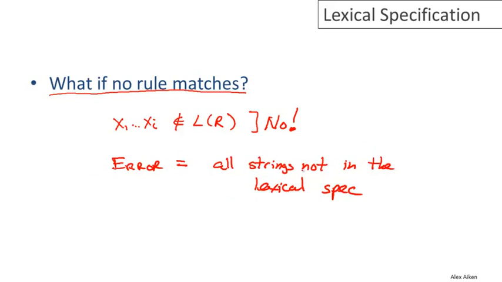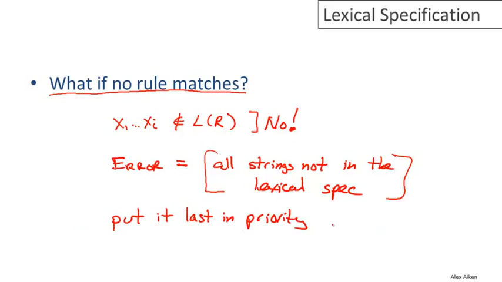So we write out a regular expression. Again, this is another regular expression here for all the possible error strings, all the possible erroneous strings that could occur as invalid lexical input. And then we put it last. Put it last in priority so that it will match after everything else matches.